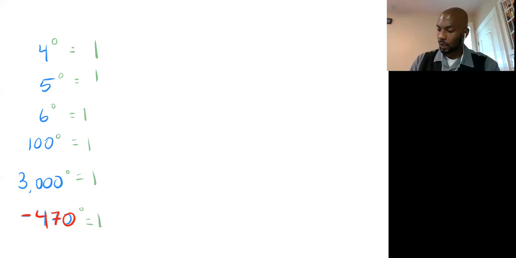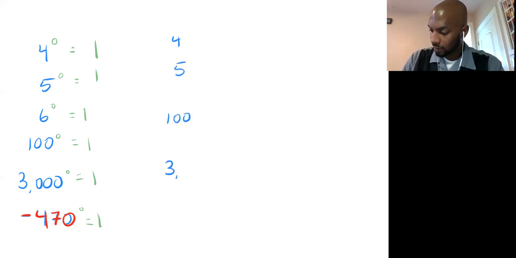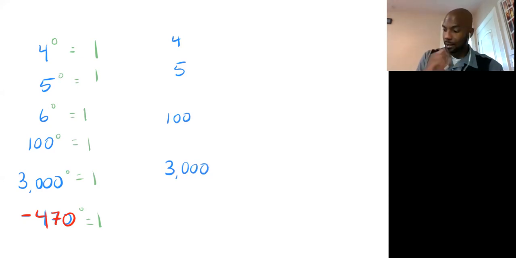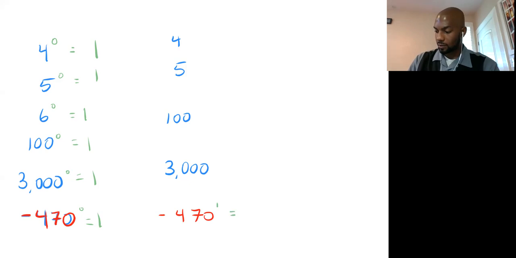Any number to the first power is just that number. You're not multiplying it by anything, so it just stays where it's at. So negative 470 to the first power is just negative 470 because you're not multiplying it by anything. 3,000 to the first power is just 3,000.